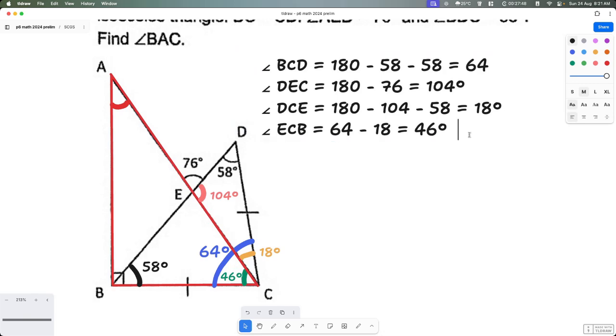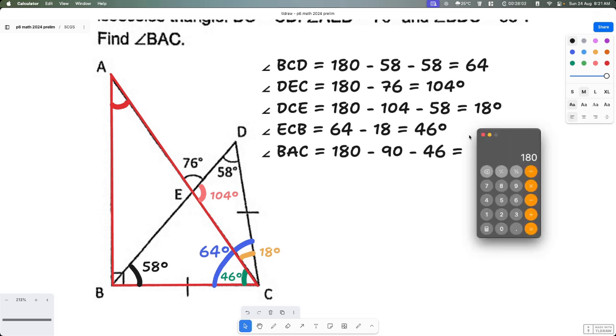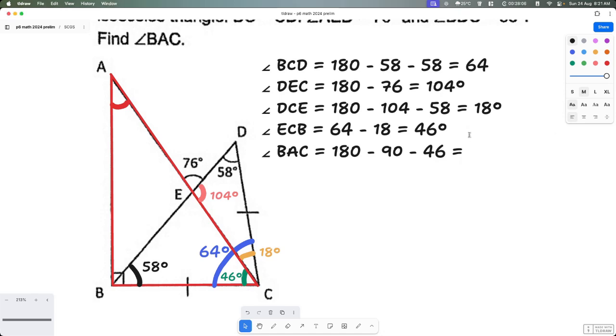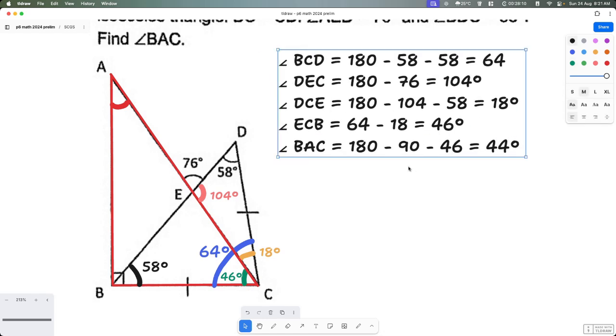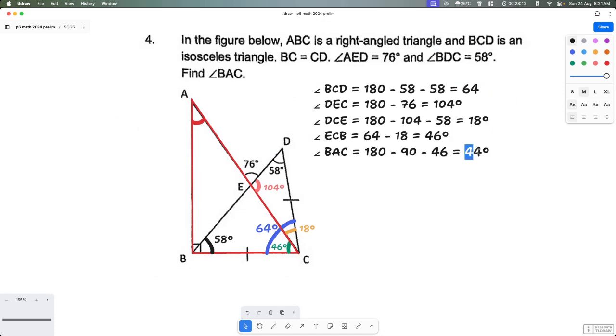So in this case, angle BAC is equal to 180 minus 90 minus 46, which is 44. So 44 degrees. Okay, there we go. So that's the answer to this question, 44 degrees.